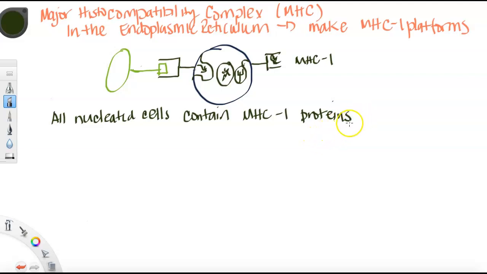Now, there are MHC2 proteins as well. MHC2 proteins are vitally important for the acquired immune system.